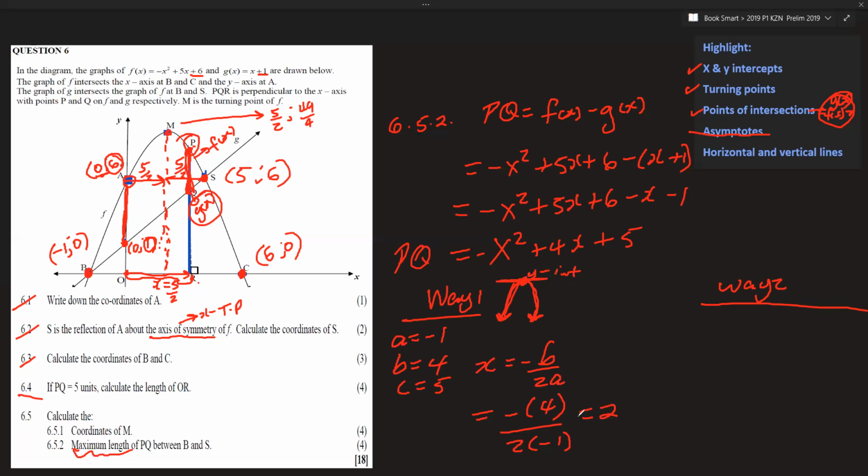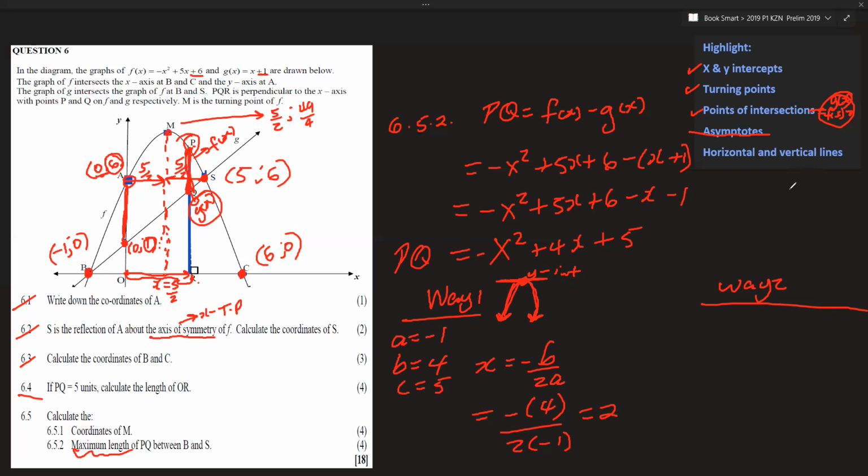Now, this is the x value that is going to give me the maximum. I have to input it into my distance formula, which is there. Remember, this is a representation of distance between P and Q. So if I substitute an x value, I'll get the maximum distance because it's the turning point.